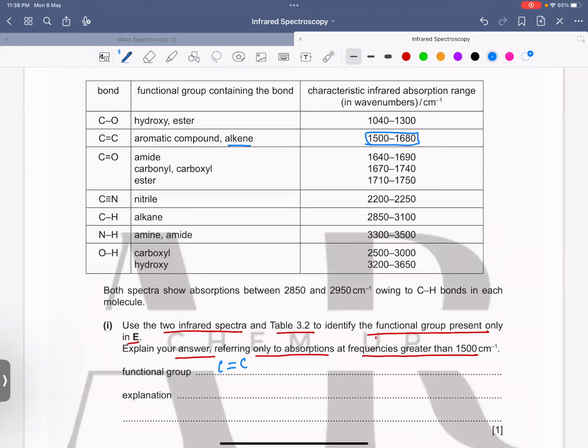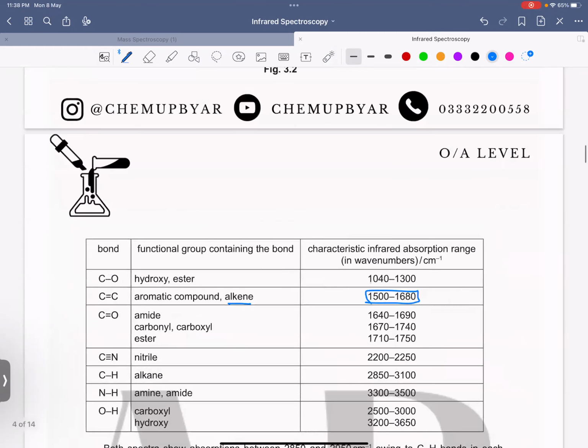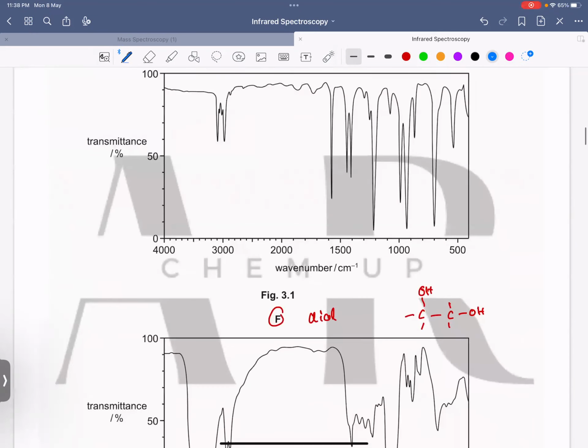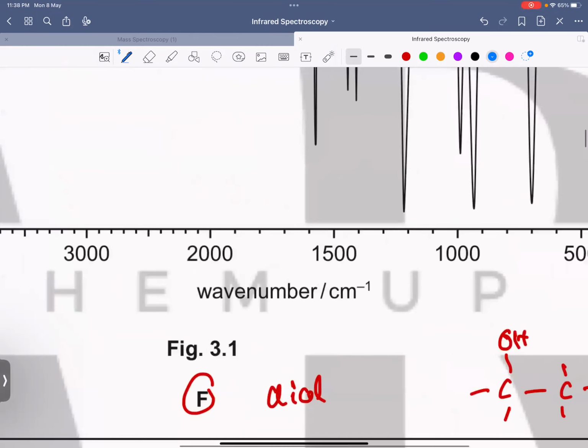Right? Yes. So if you see 1500 till 1680, we are getting this peak, which is due to carbon-carbon double bond.